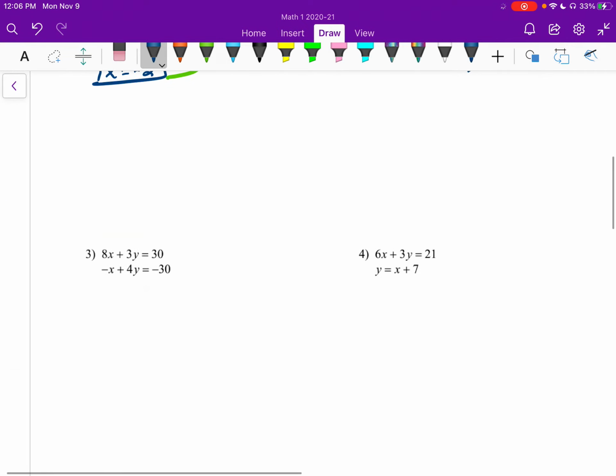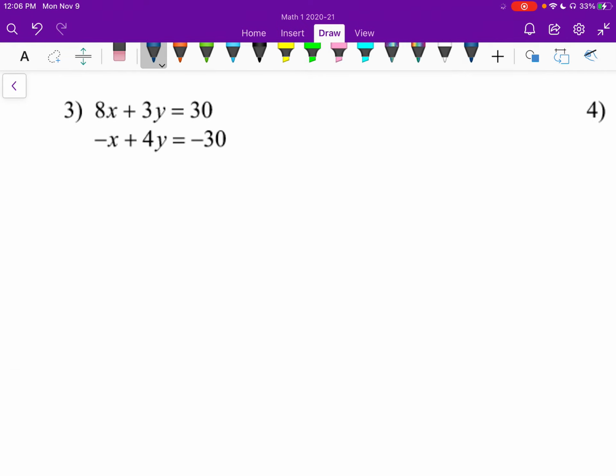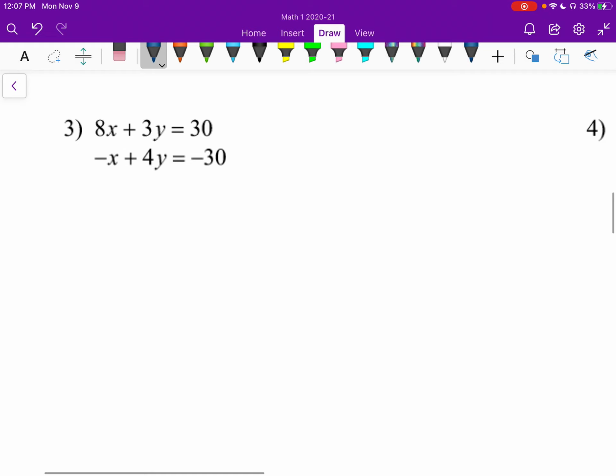All right, number 3. Since we haven't used elimination yet, let's go ahead and do that. For elimination, they're all in order already. We just need to multiply by something. Let's multiply the bottom one by 8. If we multiply by 8 there, the x will be able to cancel.